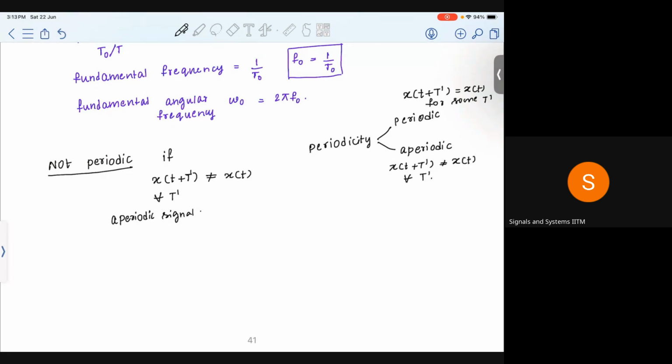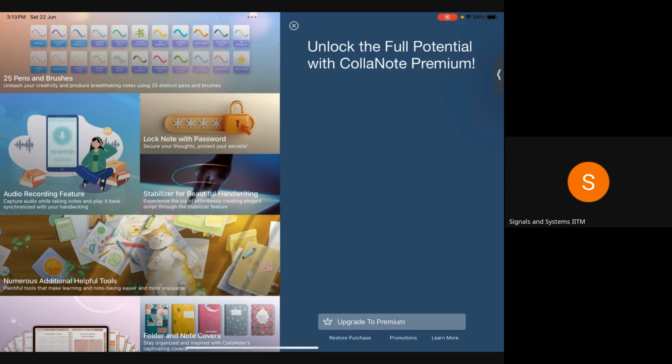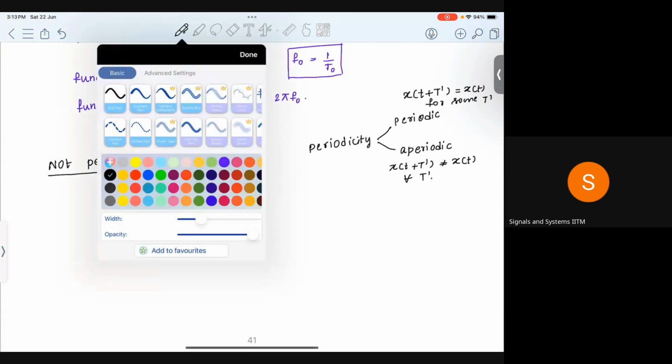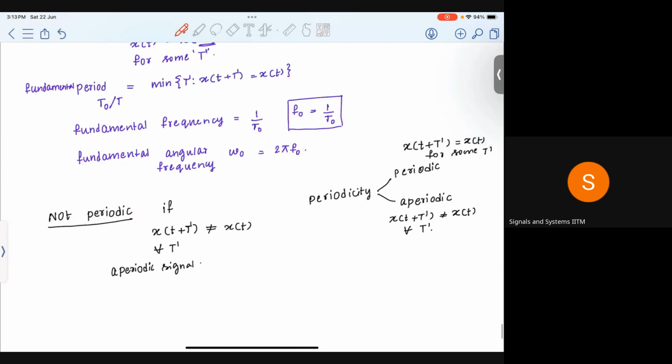And when we have the periodic signal, we have a period associated to it, and the period T naught is the minimum T prime such that x of t plus T prime is equal to x of t. And f naught is 1 by T naught, omega naught is 2 pi f naught. Okay. So that is all with respect to periodic signals.